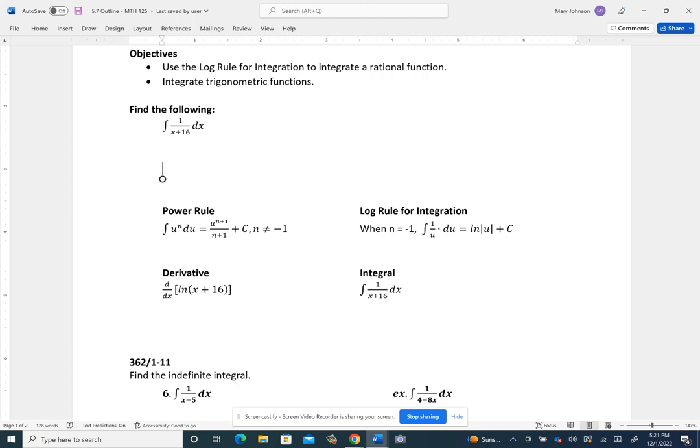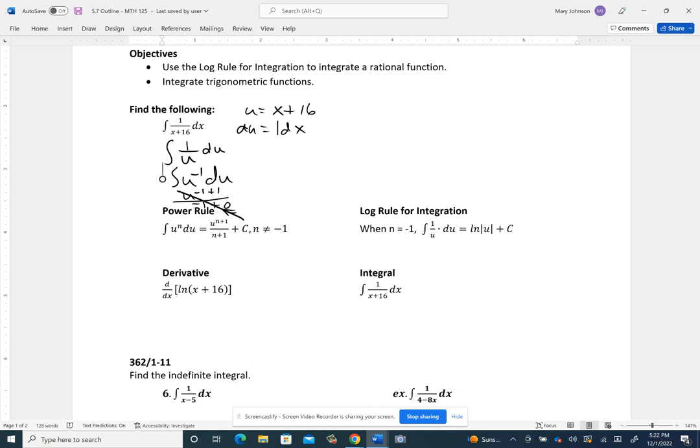If we thought maybe we could let u equals x plus 16, then du equals 1 dx, and get u's in there instead of x's, and then think, okay, I'm going to use the power rule, you'd have that whole division by 0 happening, and you'd say to yourself, oops, not something I can use the power rule on.